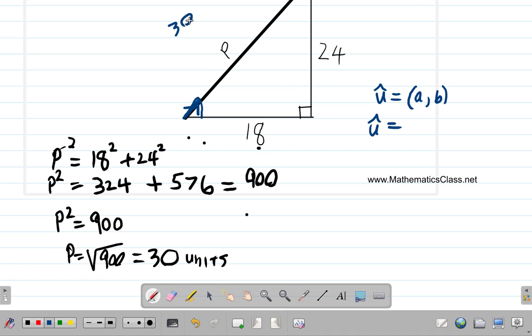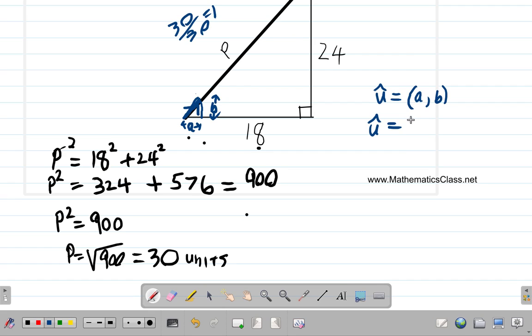This is 30 long divided by 30, you get the length of the unit vector equal 1. You already know that the unit vector is 1 unit long. It's now to find the length of this. In this case, this is A, and this is B. You see that?